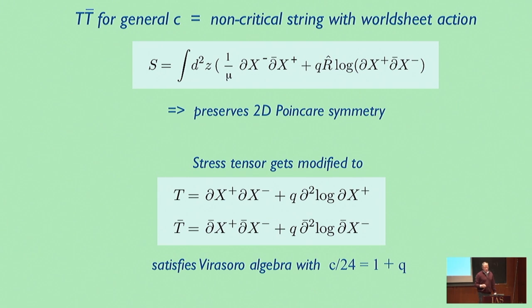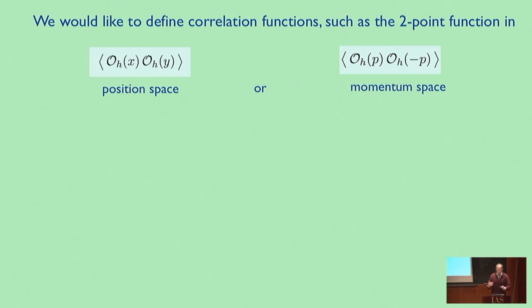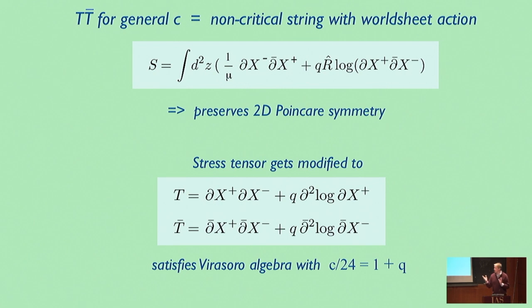The consequence is that the on-shell condition will be shifted by c over 24, and this is precisely what happens in the spectrum of the T T-bar theory. So I claim that this theory, through the same argument as the previous slide for the c over 24, should be equivalent to the T T-bar deformation. Poincaré invariance indeed is preserved.